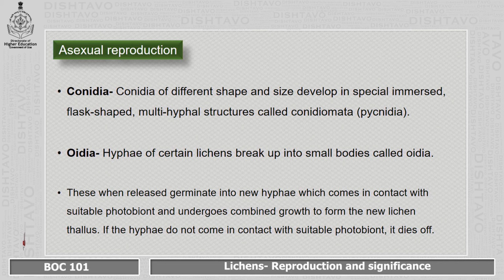The second is through formation of oidia, wherein hyphae of certain lichens break up into small bodies called as oidia. These, when released, germinate into hyphae which comes in contact with suitable photobiont and undergoes combined growth to form a new lichen thallus. If the hyphae do not come in contact with the suitable photobiont, it dies off.